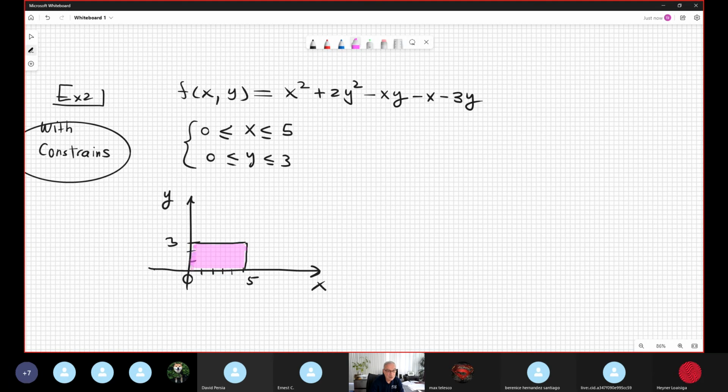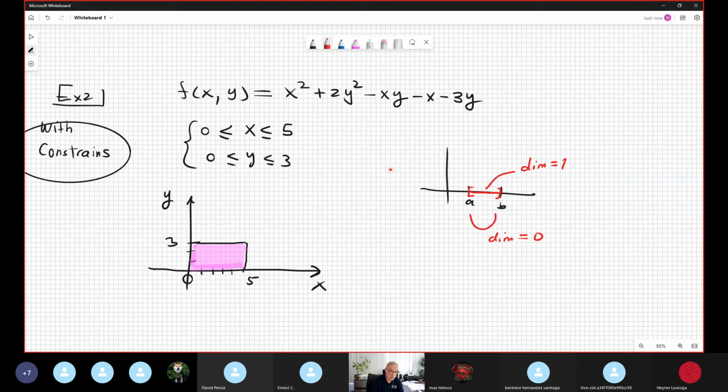So the idea is very similar to the idea in Cal 1. Look, in Cal 1, we have one interval, AB. This interval is a segment, a one-dimensional object. And we include the boundary, the endpoints. So this is dimension 1, because it's a segment, and the boundary is dimension 0, because it's a point.